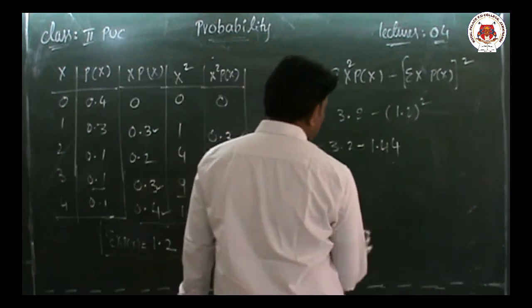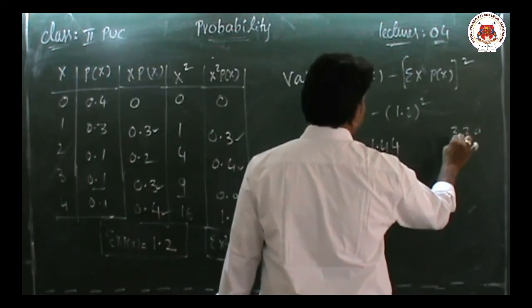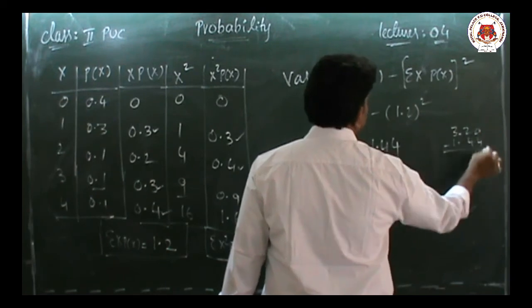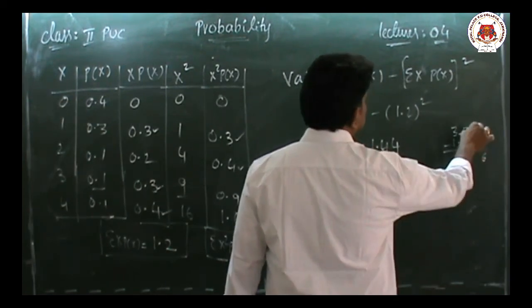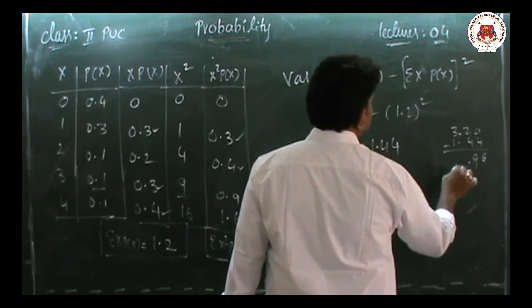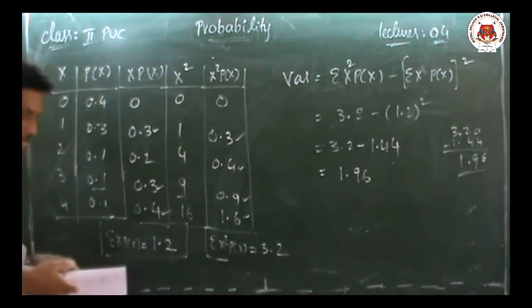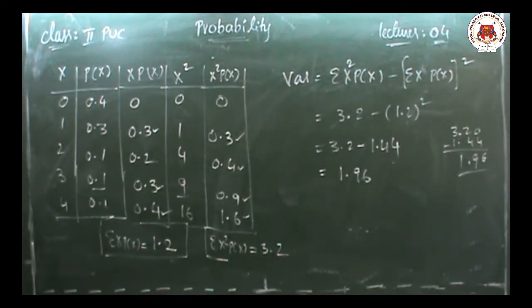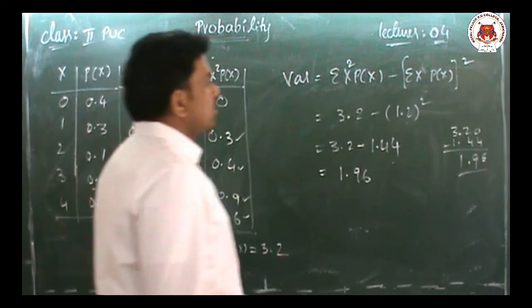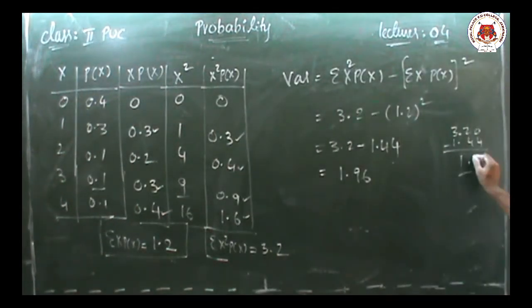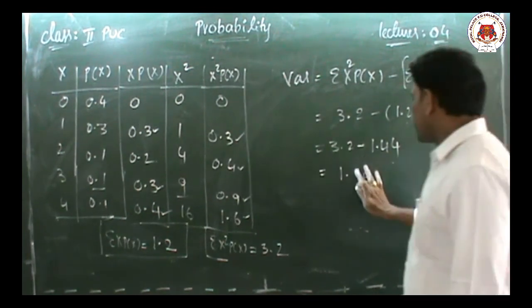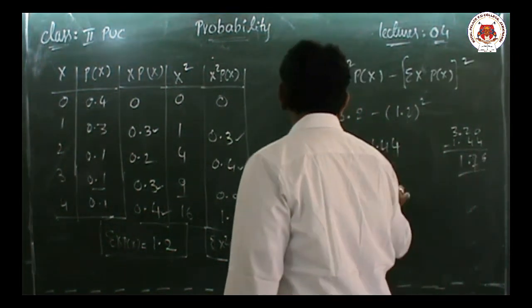If we subtract, 3.20 minus 1.44, the answer is 1.76. Sorry, 10 minus 4 is 6, and here 11 minus 4 is 7. So the answer is 1.76.